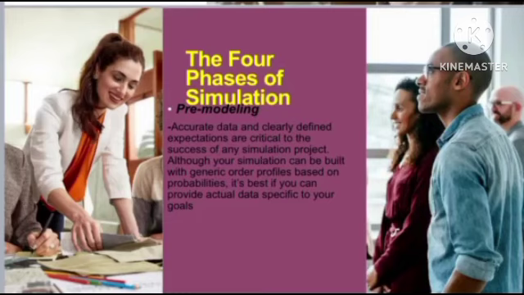Although your simulation can be built with a generic orders profile based on the probabilities, it's best if you can provide actual data specific to your goals. So, this pre-modeling is accurate data to see what the expectations are and how to make a simulation project successful. So, this is where you accumulate the variables or the simulation workflows.